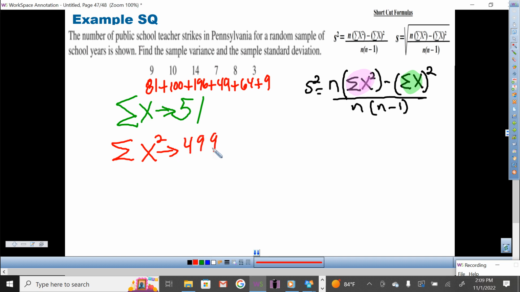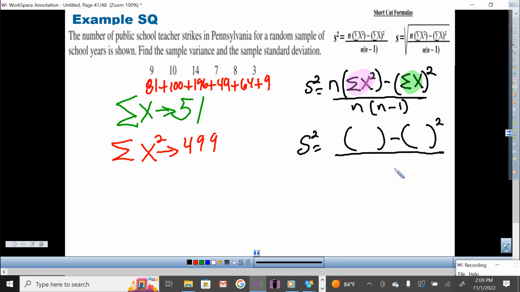All right. So now that we have that, check this out. We start with this one right here, which is what? 499. What goes here? 51. What goes right here? 6.